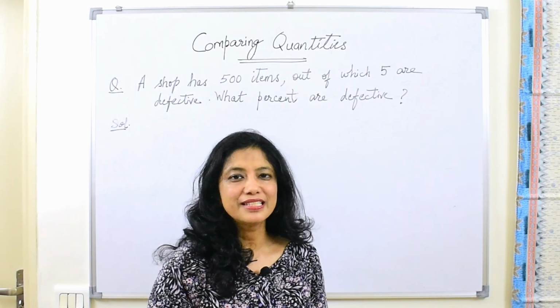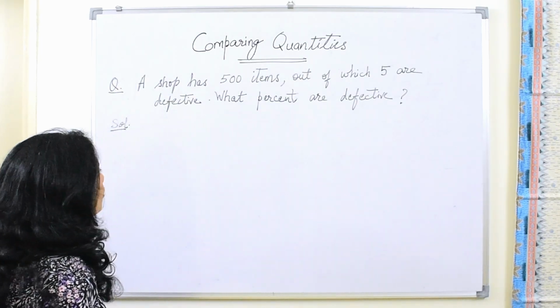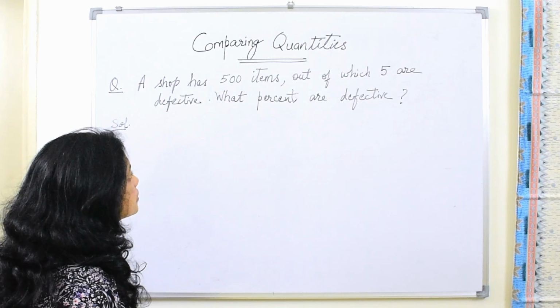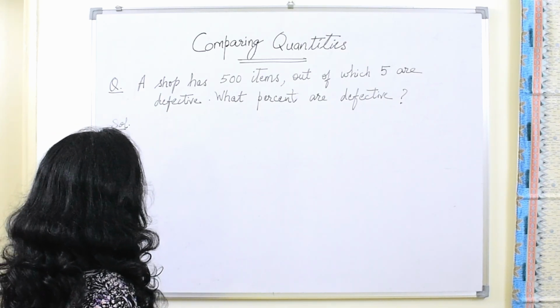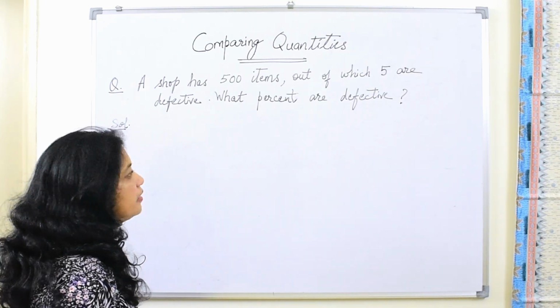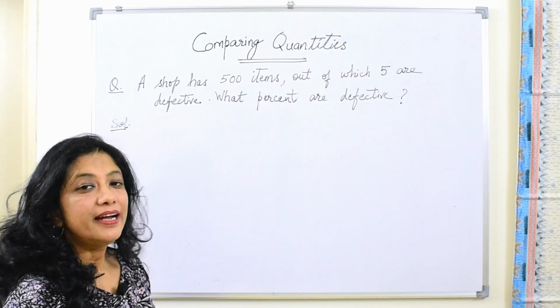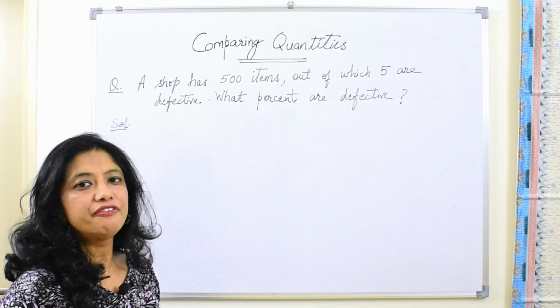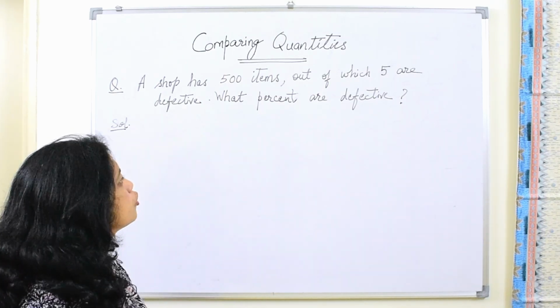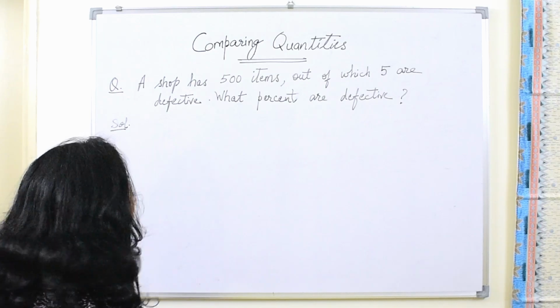Now let us solve this sum. A shop has 500 items out of which 5 are defective. What percent are defective? So now we have to find the percentage of items that are defective. In this sum we will solve it with the unitary method.